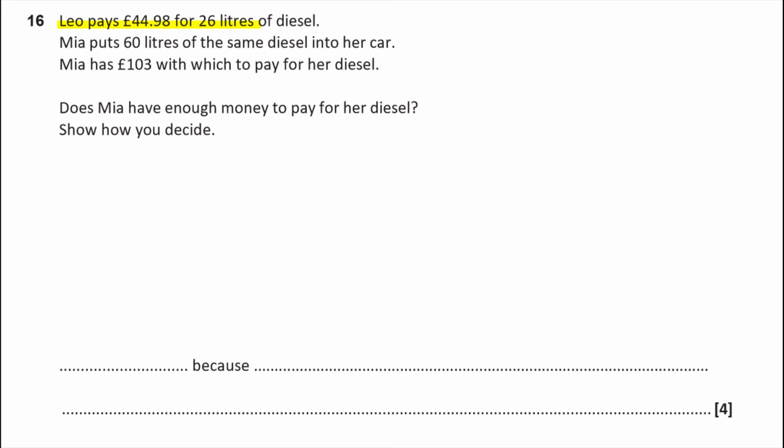I guess what I could do is a ratio, can't I? So the litres to the cost for Leo was he bought 26 litres and he paid £44.98. Okay? So if that's the case, I can work out the cost of 1 litre by just dividing my ratio by 26. So then if I do the same thing the other side, what's £44.98 divided by 26?